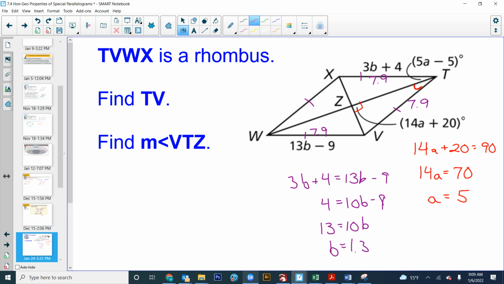But I want to plug 5 in up here: 5 times 5 minus 5. What's 25 minus 5? 20 degrees. And because a rhombus's diagonals bisect those opposite angles, this angle down here is also 20 degrees. So VTZ is 20 degrees.